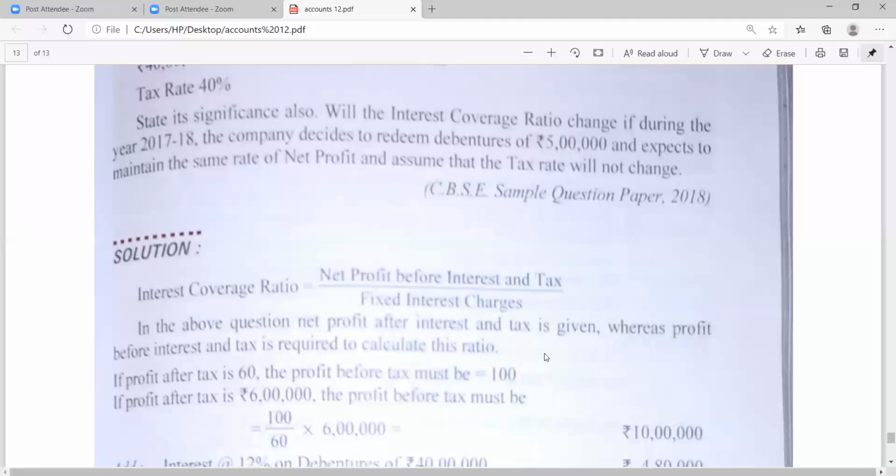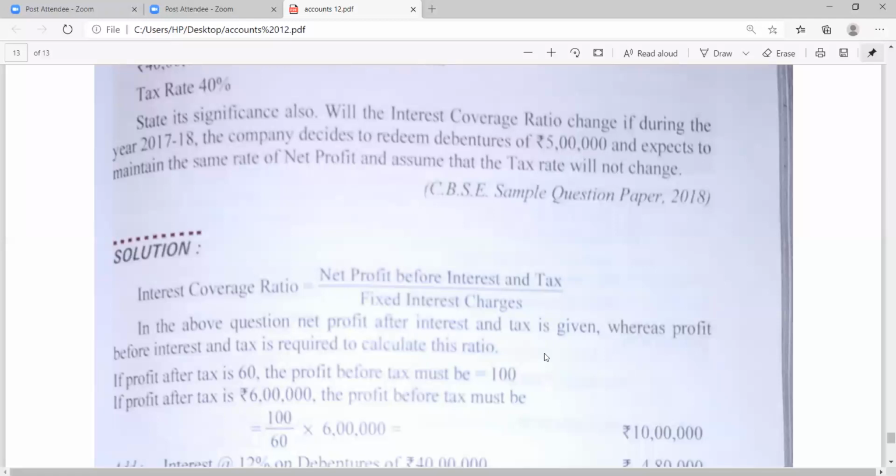Now if the profit after tax is 60, then the profit before tax must be 100. If the profit after tax is 1, then it will be 100 upon 60. And if the profit after tax is 6 lakh, then profit before tax must be 100 upon 60 into 6 lakh, that will be 10 lakh rupees.